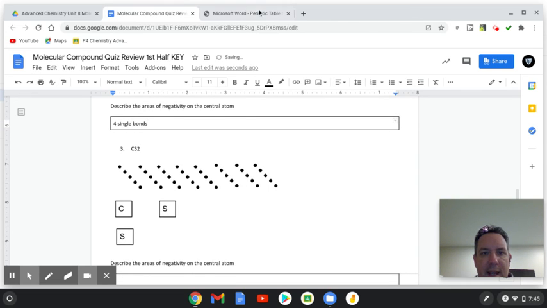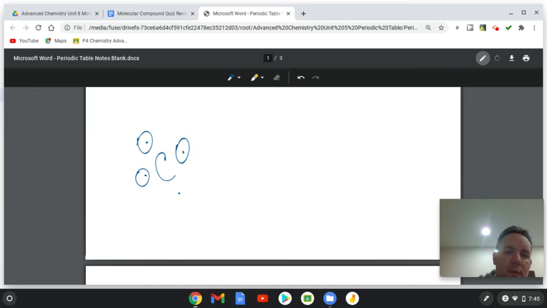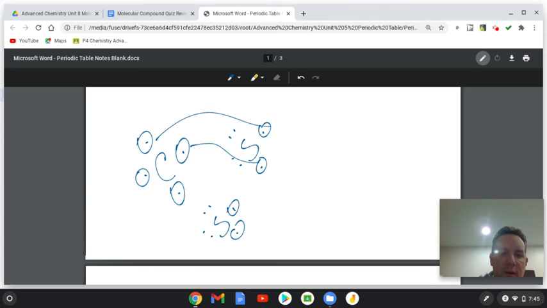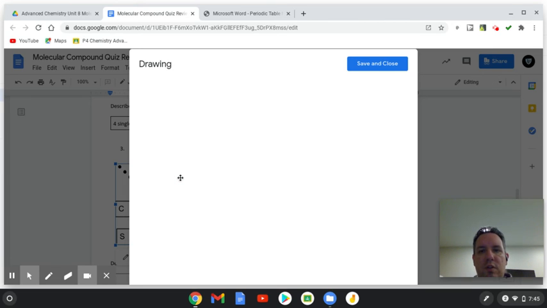On our next example, CS2, we're just going to go sketch it real quick. So again, we already know carbon has 4. Each sulfur has 6, which at this point, you guys should be getting pretty quick with figuring out valence electrons. We're going to get share, share, share, share. So we're going to have 2 lines between each. So we're going to double click on our drawing.